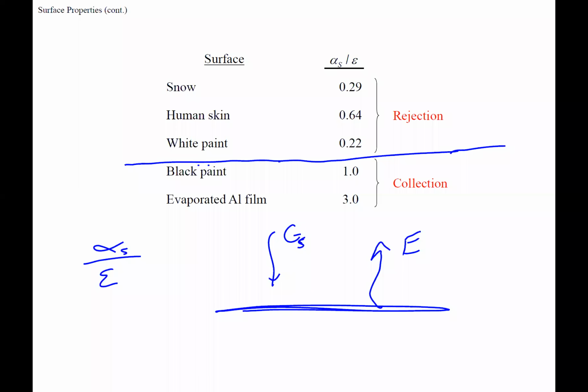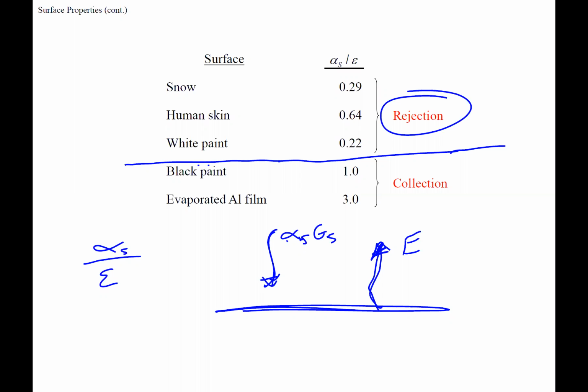So you want this ratio here to be low, because you want to be rejecting energy a lot, but you don't want to be absorbing anything, right? Because this ends up being this. So you want low absorption, right? So that means we're going to want to reject.